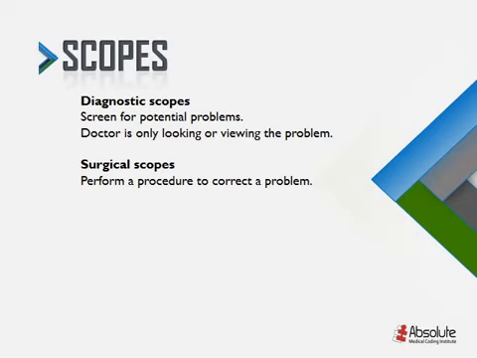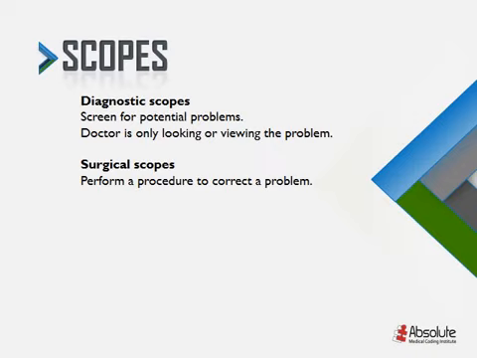Another thing about scopes that are important are that you can have diagnostic scopes, which are screening for potential problems. The doctor is only looking or viewing the problem, whereas a surgical scope, they know there's a problem and they're using the scope as a way to view to correct a problem. So let's say, for example, you're going for a colonoscopy and they're just looking around and they don't find anything.